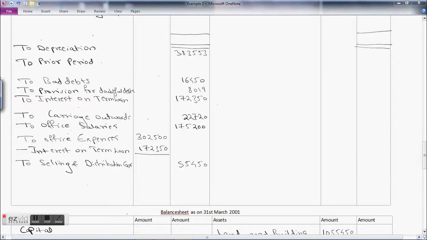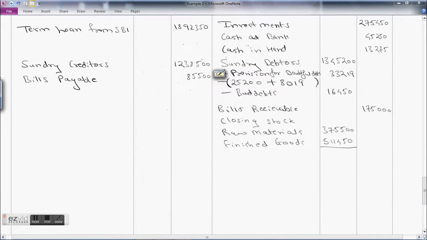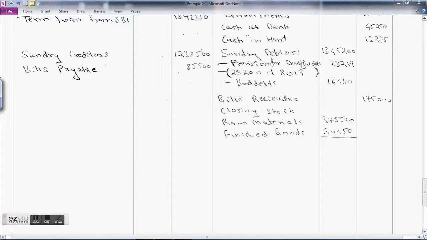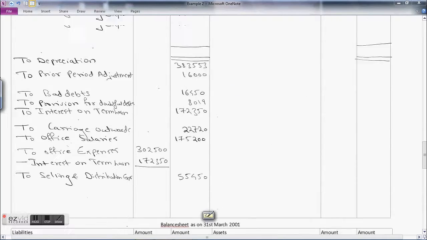Second effect will be balance sheet liabilities side, outstanding expenses. So below bills payable, 16,000.